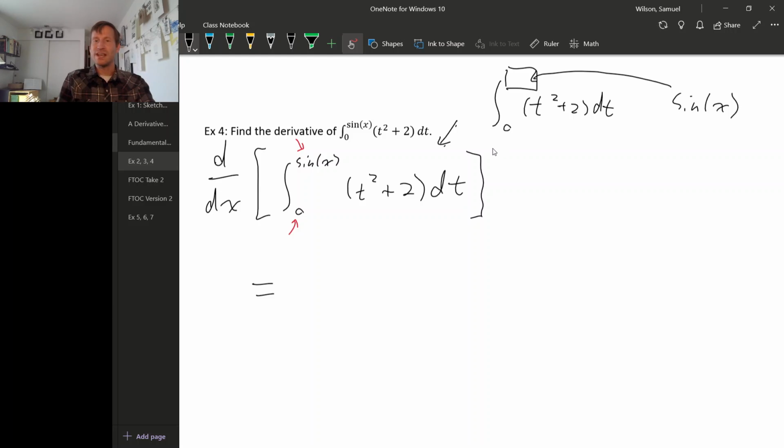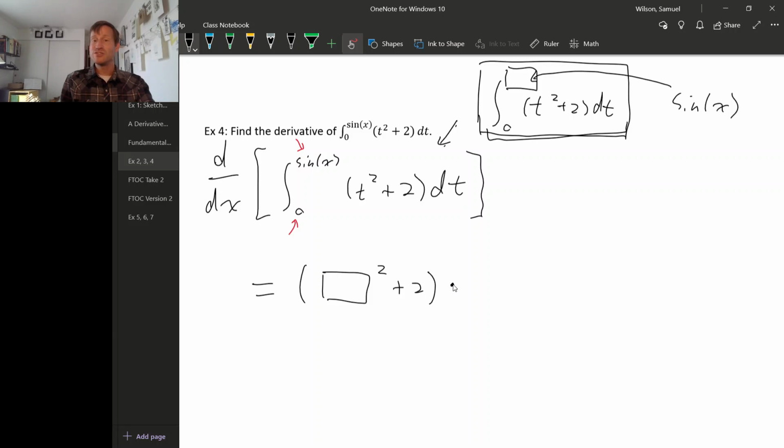So the chain rule says you take the derivative of the outside part. So what is the derivative of this function, just the area function? Well, we can use the fundamental theorem of calculus to find the derivative of this simplified area function. It says the derivative is something squared plus 2.